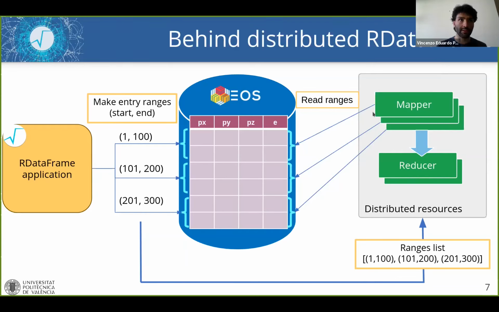Let's say your dataset has 100 entries and you just want to read the first 10 entries in a task. You will not read the full 100 entries from your dataset in that task. You will just read 10 entries. And yes, you will also read them remotely. But again, you will not be reading a full file from remote, but just that particular range of entries that you like. And this avoids extra network transactions, of course.